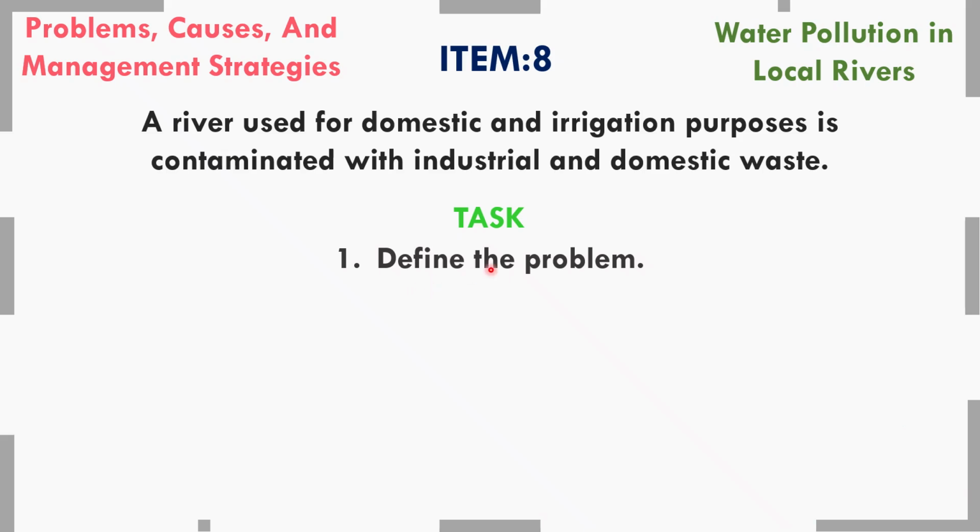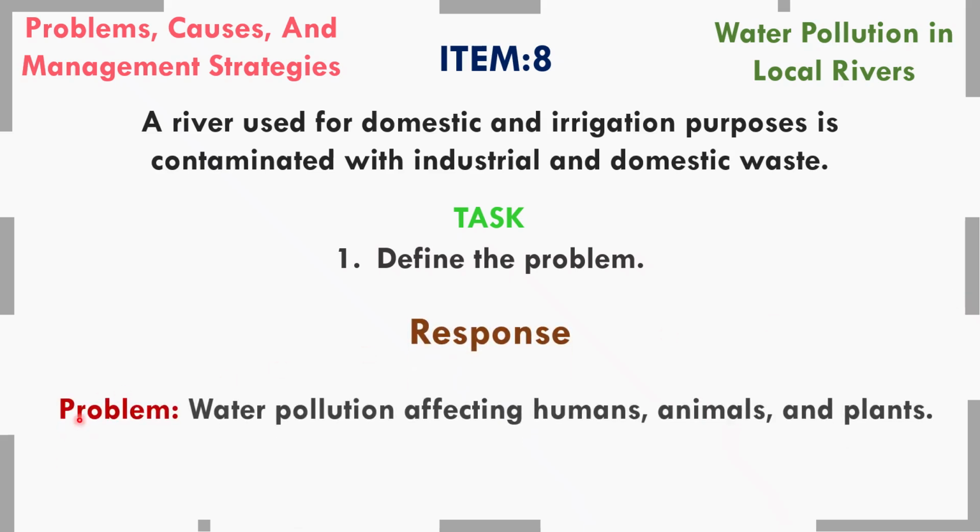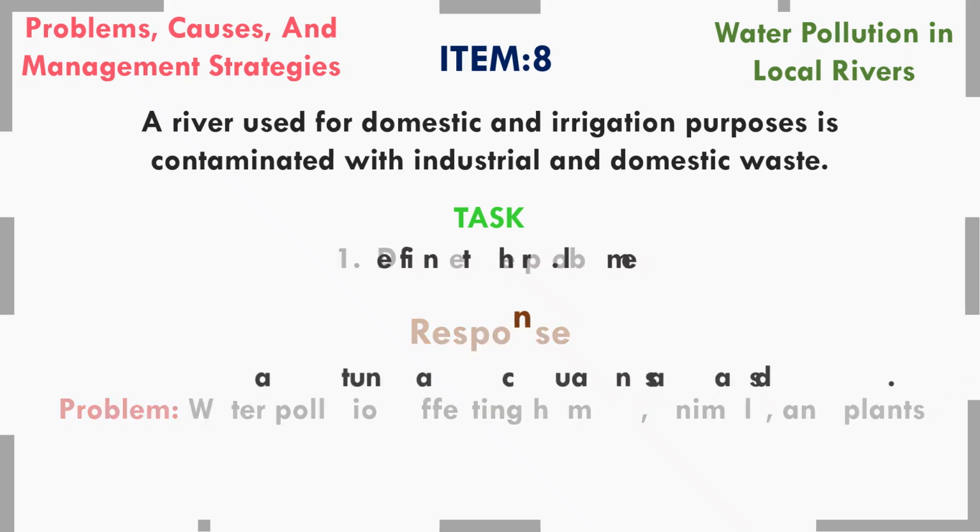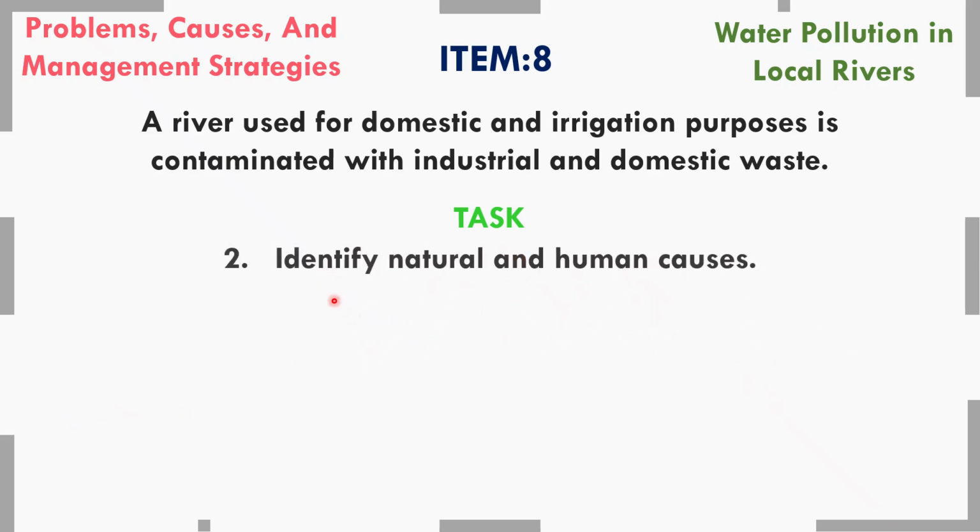Let's start with define the problem. The problem is water pollution affecting humans, animals, and plants. Identify natural and human causes.